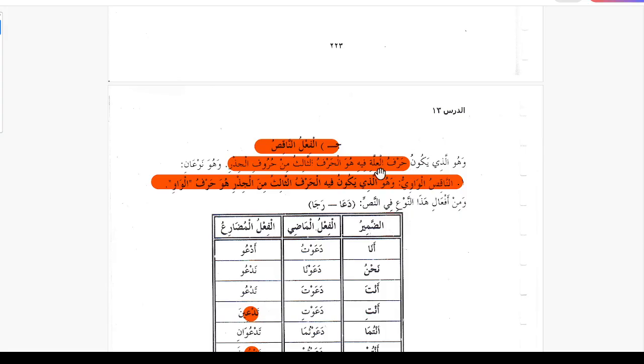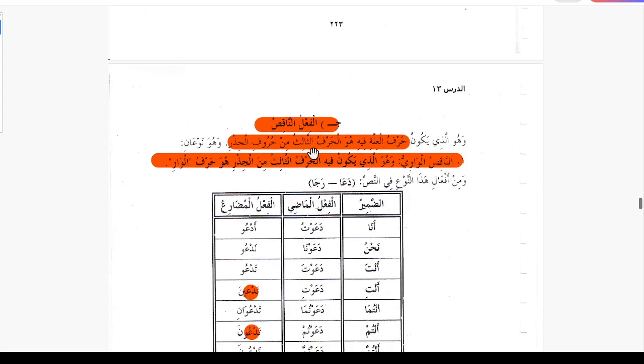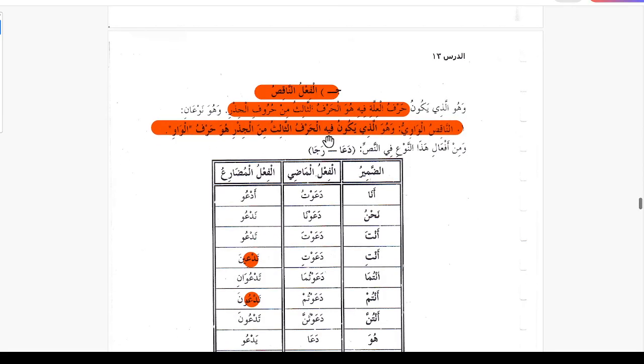Huwallazi yakunu harful illa fihi huwa harfus salisu min harufil jizri. So when the third root letter has one of the haruful illa, then it becomes fail naqis. Wa huwa nawani, and these are of two kinds. The first kind is naqis al-wawi. Huwallazi yakunu fihi harfus salis min jizri huwa harful waw.